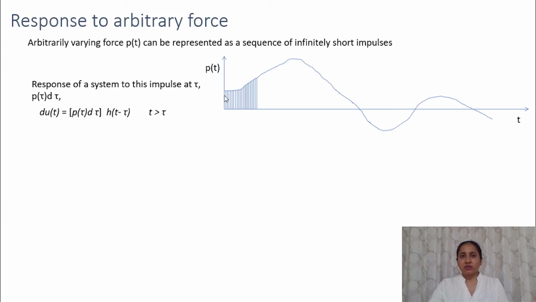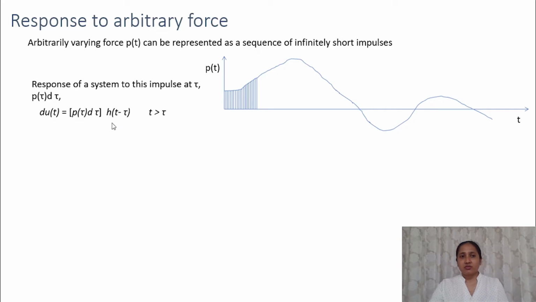So this will be this short impulse at time tau, and the response of the system due to that impulse will be the impulse times the unit impulse response. So this h t minus tau is the response to a unit impulse.